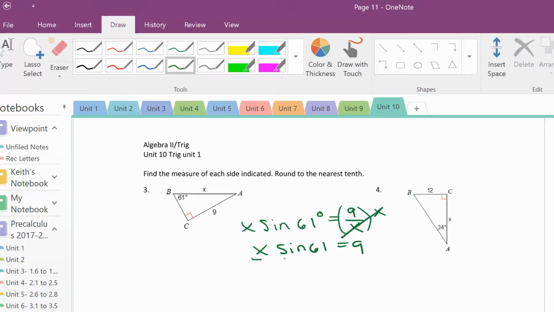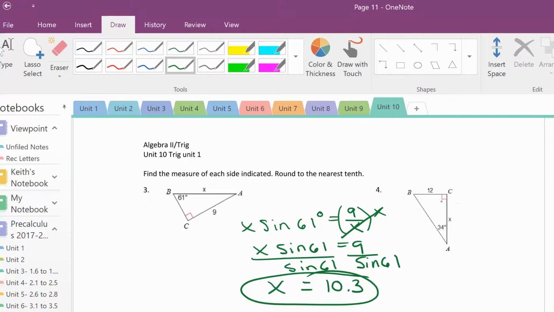And then you divide by sine 61. And you get x equals 9 divided by sine 61, which is 10.3.